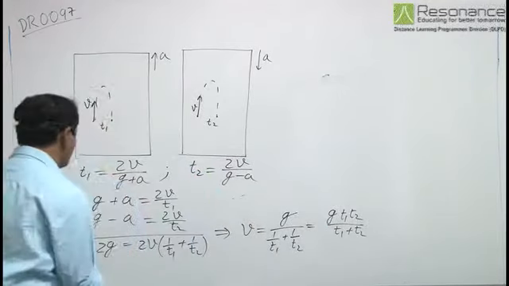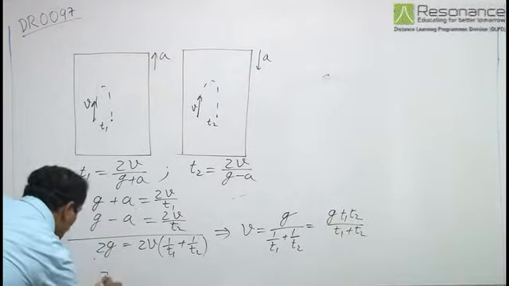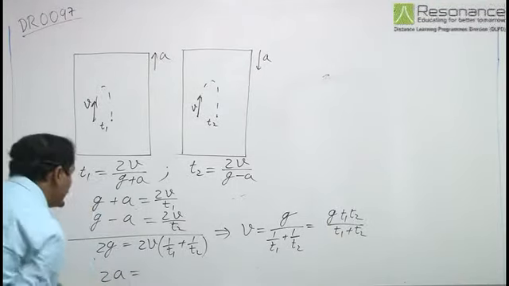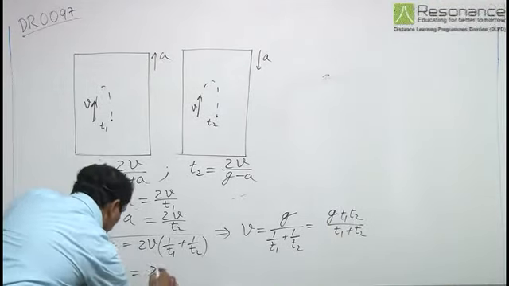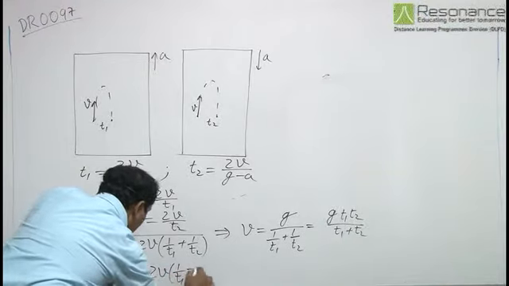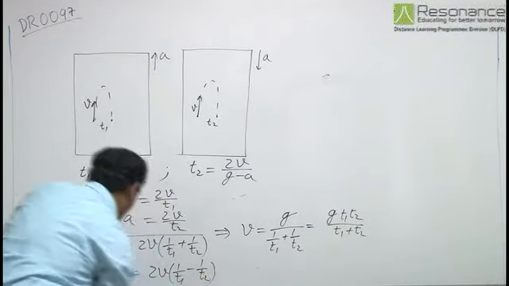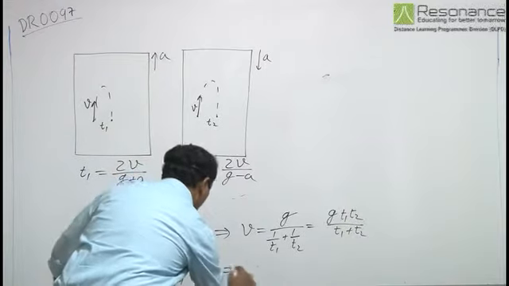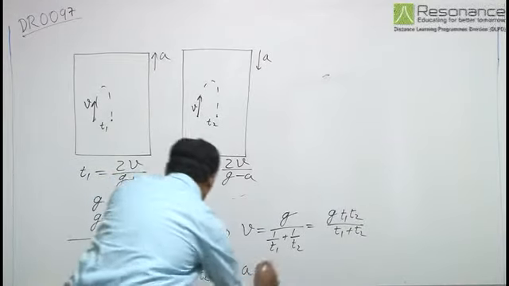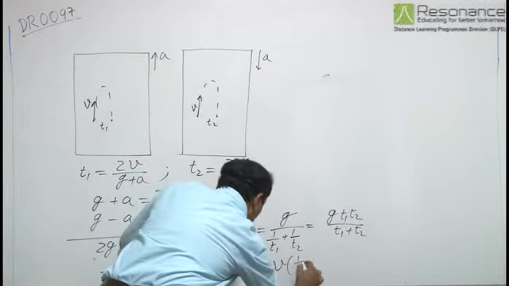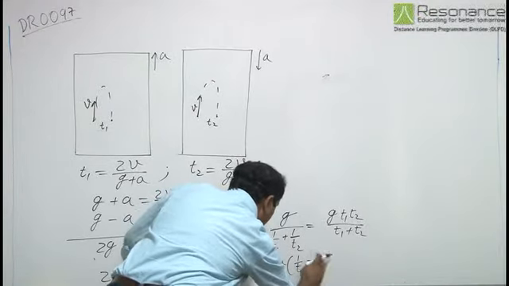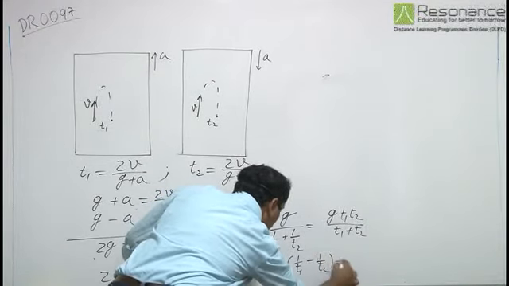Subtracting these two relations, we can write 2a to be equal to 2v into 1 by t1 minus 1 by t2, or we have a to be equal to v into 1 by t1 minus 1 by t2.